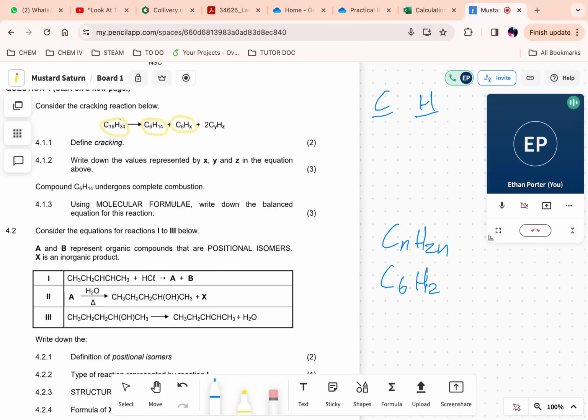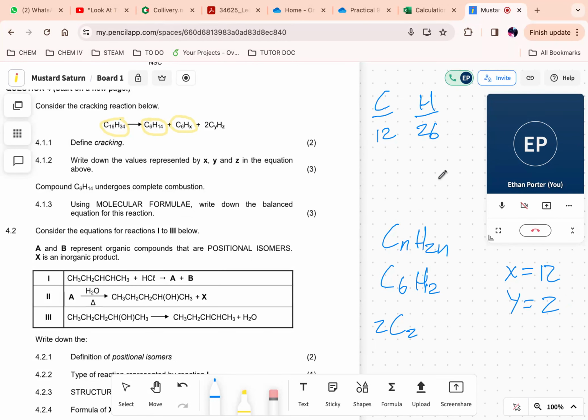We've used 12 carbons. Hydrogens, 14 plus 12, we've used 26. How many carbons are left? 16 minus 12 leaves us with 4. Since we have a 2 outside, we definitely know the next molecule is 2C2. So we know that X is definitely 12 and Y is definitely 2.